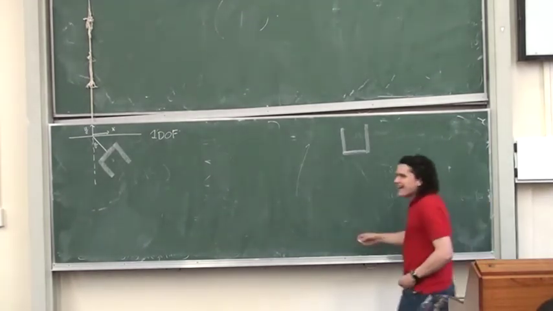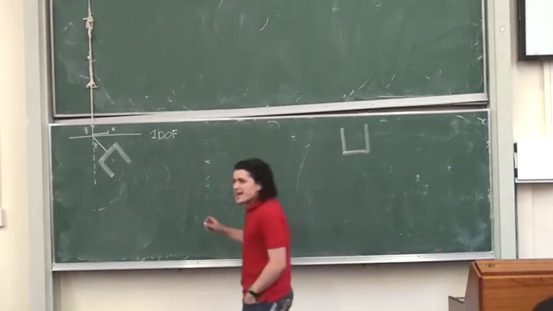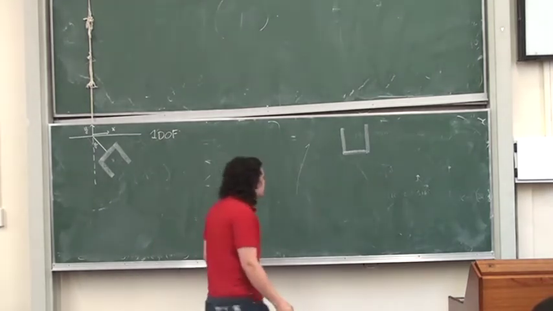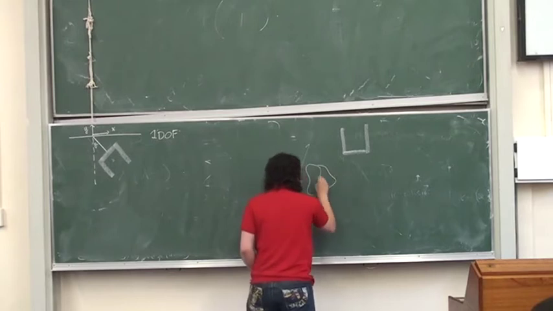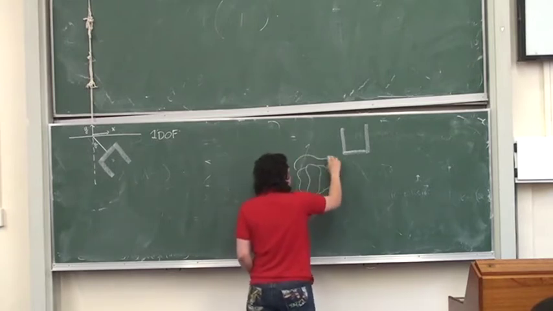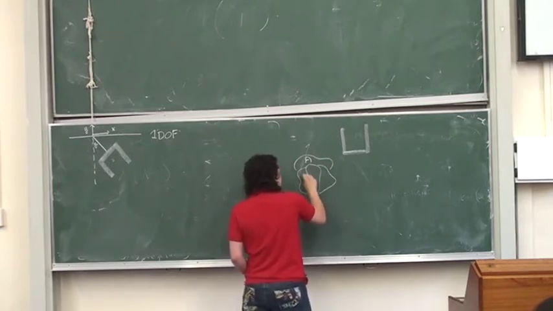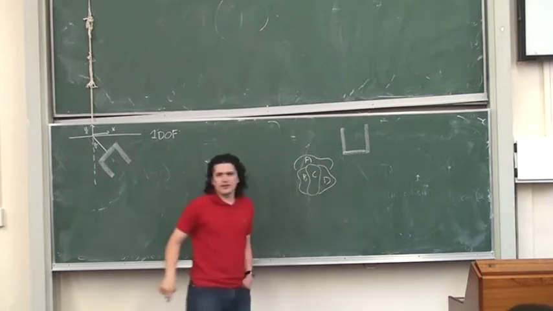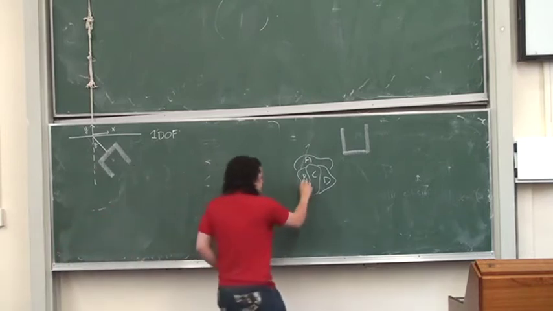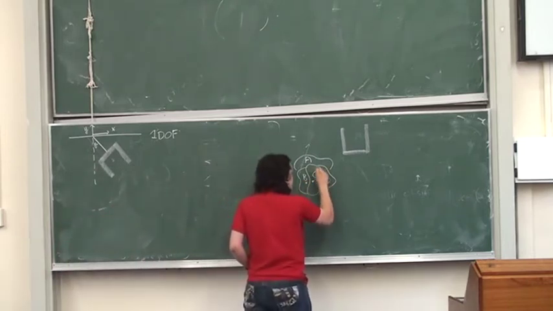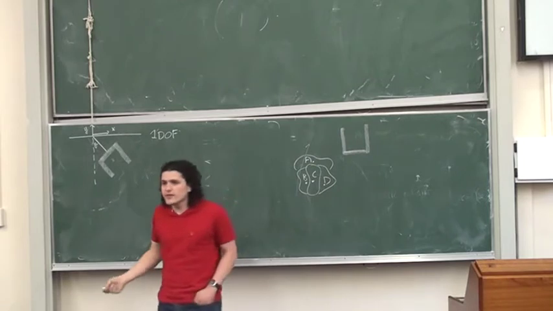It says, when I have the center of mass of a system of different components, doesn't matter what the components are, let's call them A, B, C, D, for each one there is a center of mass.